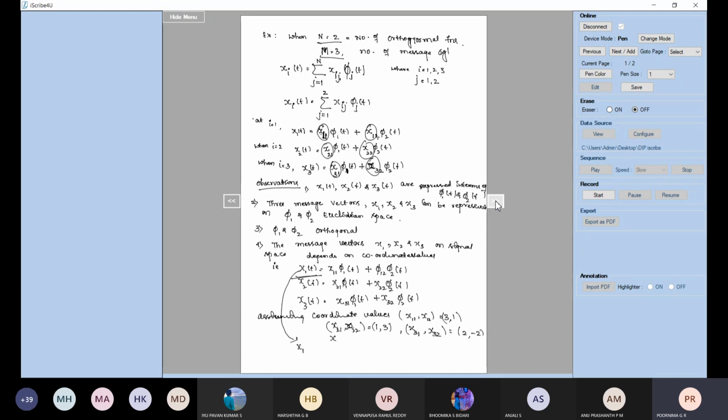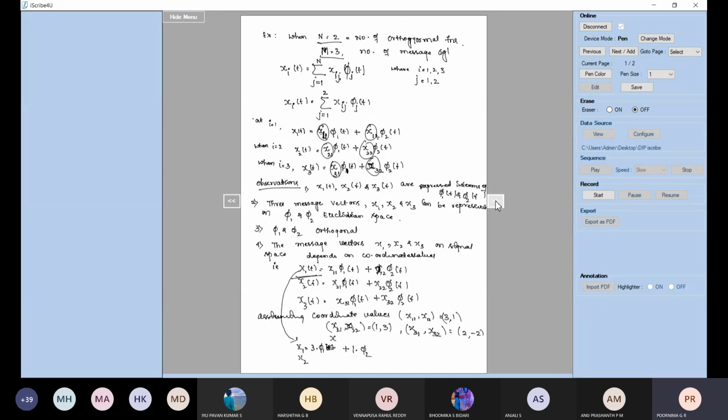So it is computed as x1 equal to x11, which is 3, into phi1 of t, the orthonormal basis phi1 of t, plus x12, which is 1, into phi2. This you can call equation 1.